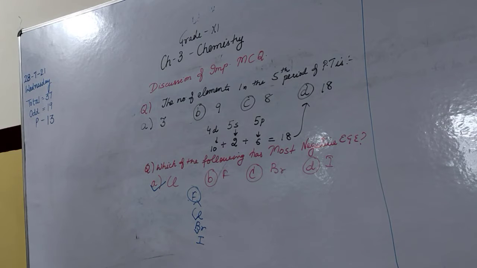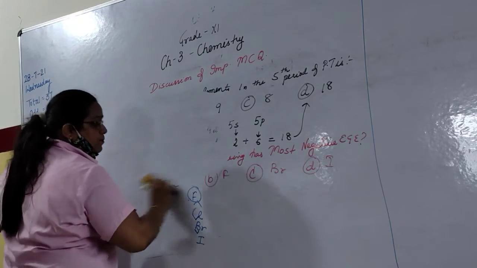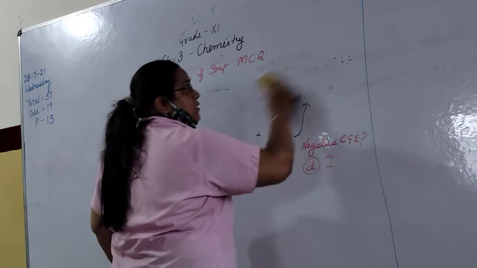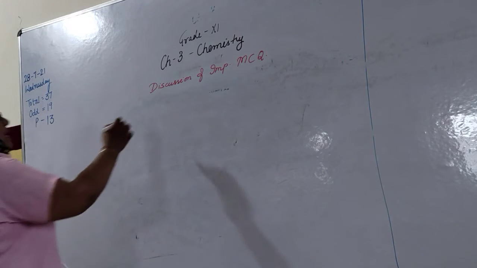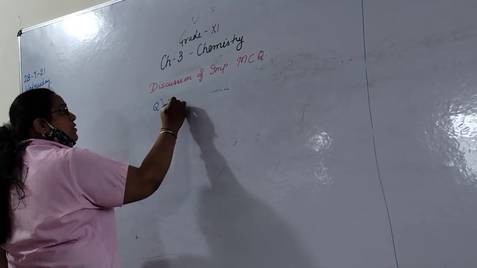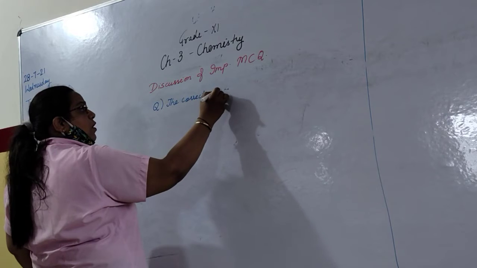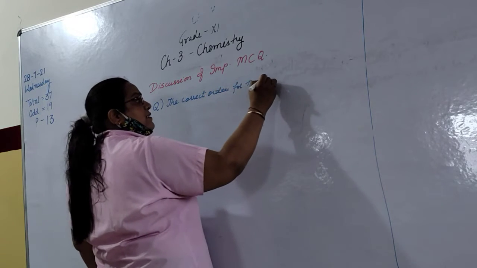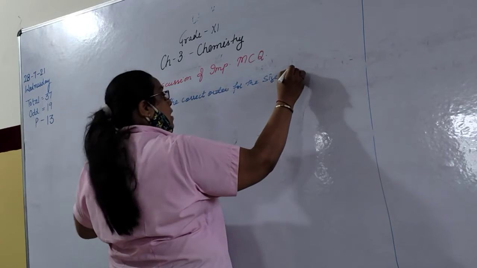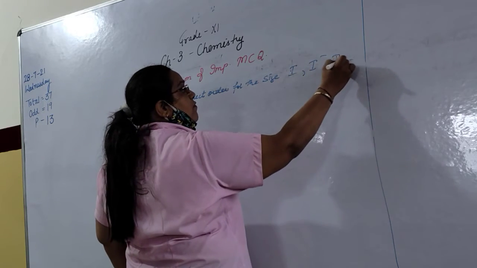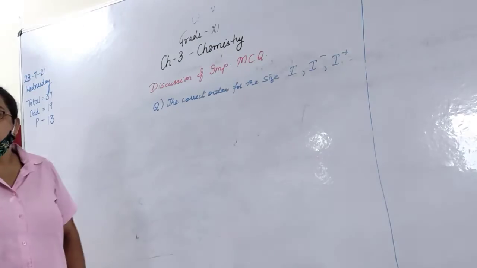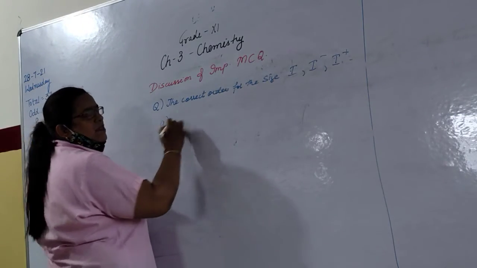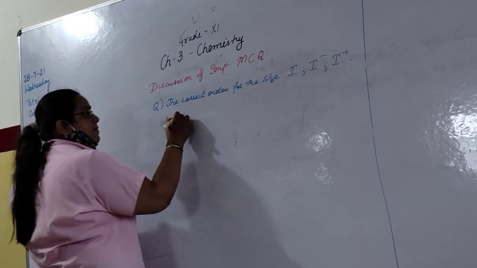My next question is: the correct order for the size of iodine, iodide and I plus.